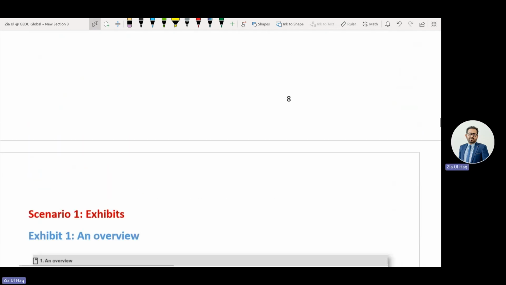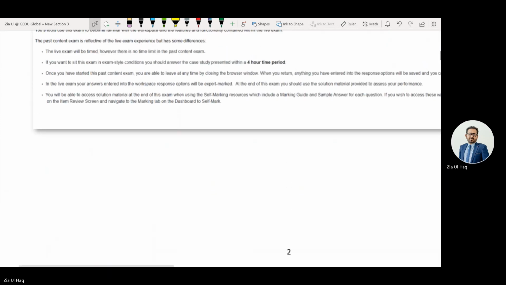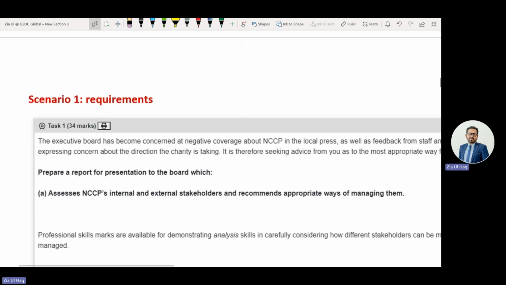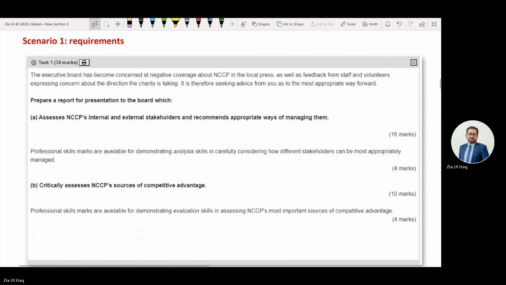So let's move towards requirements, just to see whether we need to read the scenario again or not. Scenario 1, task 1. There are two requirements in task 1, part A and part B.